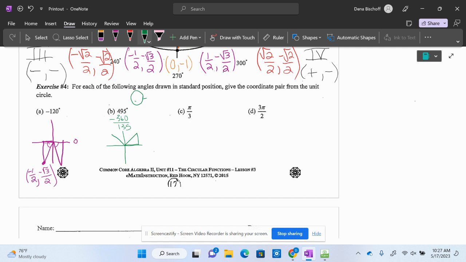This is my twins, right? And another 45. So this is like a representation of the twins. Twins are the same, square root of 2 over 2, square root of 2 over 2, except I'm in quadrant 2. So that means that x is negative. So your ordered pair is negative square root of 2 over 2, square root of 2 over 2.